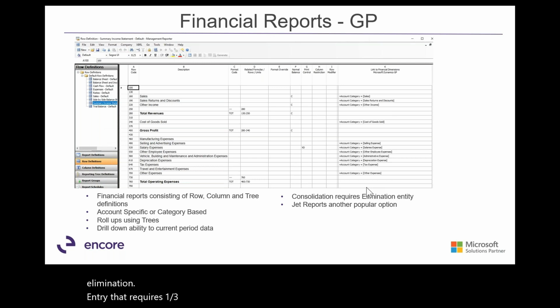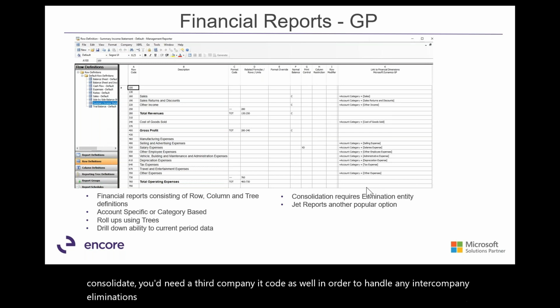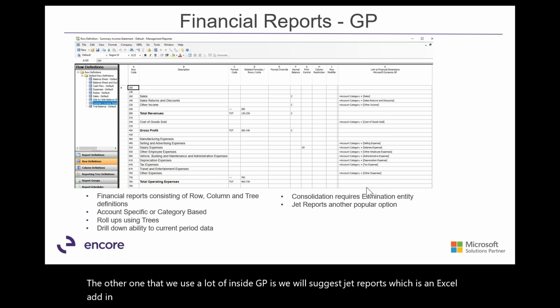So if you've got 2 companies and you're trying to consolidate, you need a third company code as well in order to handle any intercompany eliminations that are required. So they'd be posted. The other one that we use a lot of inside GP is we will suggest JET reports, which is an Excel add-in that works also with Business Central, which I'm sure Mike will talk about.